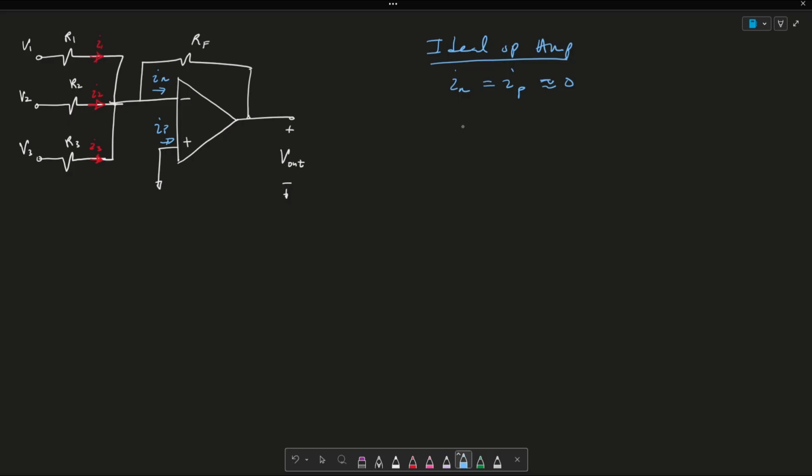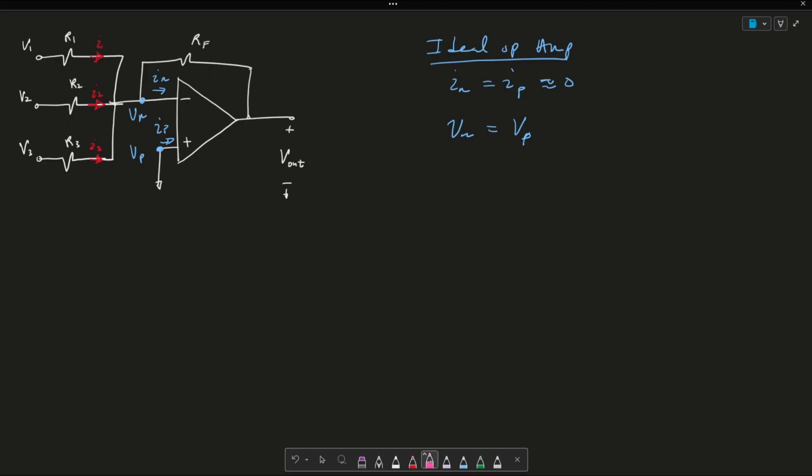Also, for an ideal op amp, when the negative terminal or the inverting terminal is connected to my feedback resistor, VN is the same as VP. So this voltage here, VP, will be the same as this voltage here, VN, or V negative.